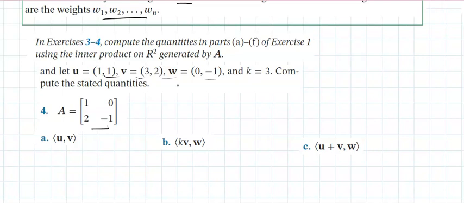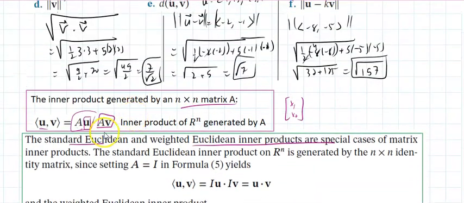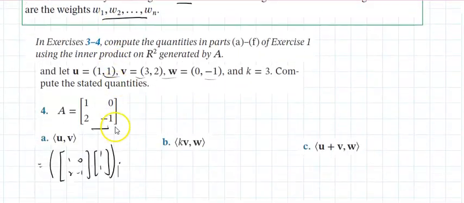U, V: that's going to be AU, and we're going to dot that with AV, and V was 3, 2.